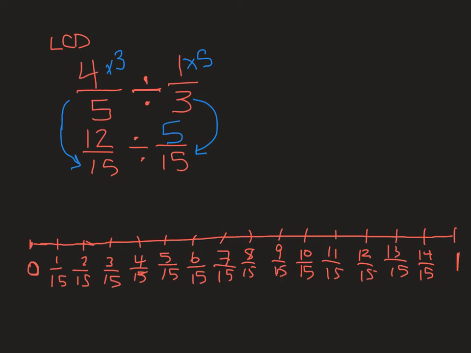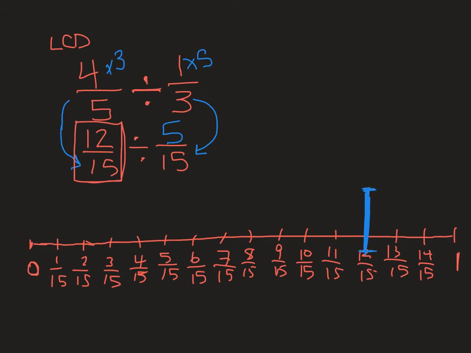Okay, so remember that we're starting with 12 out of 15, so that's the maximum that we can go to. So that's what we're going to plot first. I haven't bothered to reduce any of my fractions along this number line because I'd rather just deal with the numbers that are there. So 12 out of 15, our maximum location that we can go to is here.